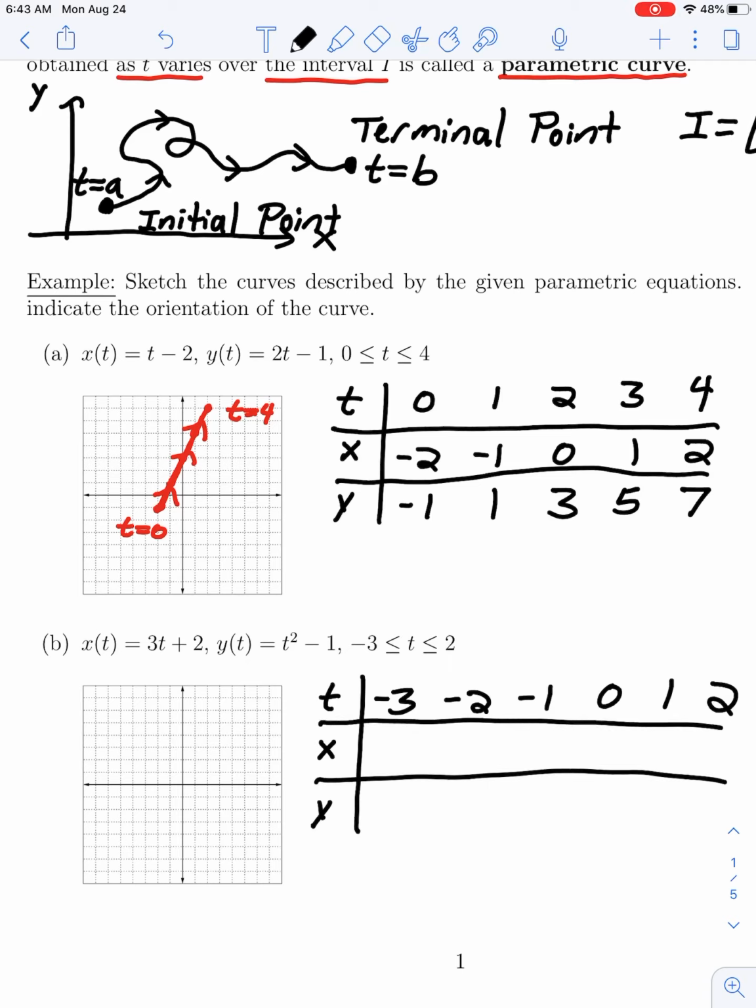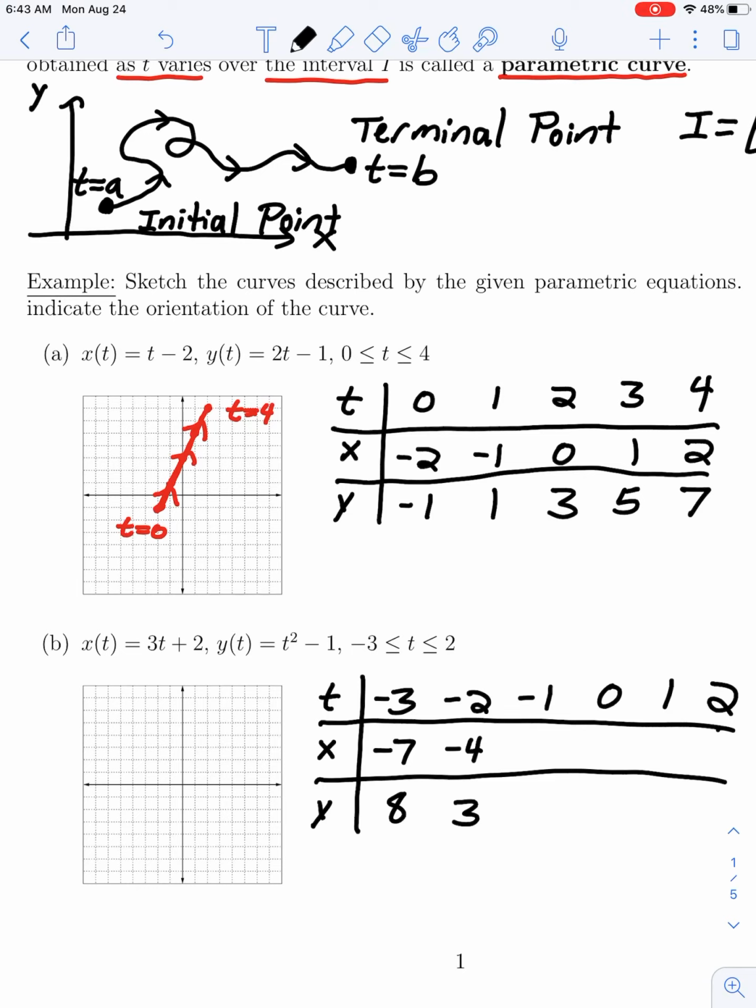And we're going to find the corresponding x and y values for the t values in our interval. So if t is equal to -3, we see x would be -9 plus 2, or -7. And then y, when t is -3, would be 9 minus 1, or 8. Then when t is -2, we would have -6 plus 2, or -4 for x. And y would be 4 minus 1, or 3.